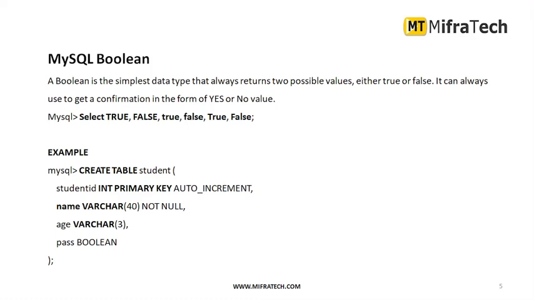Example: CREATE TABLE student, ID auto increment, name varchar not null, age varchar, and pass boolean. Here we have given a pass boolean because when we are creating a table, if the creation of the table is done, it will return true. If it is an error, it will return false. You can try this.